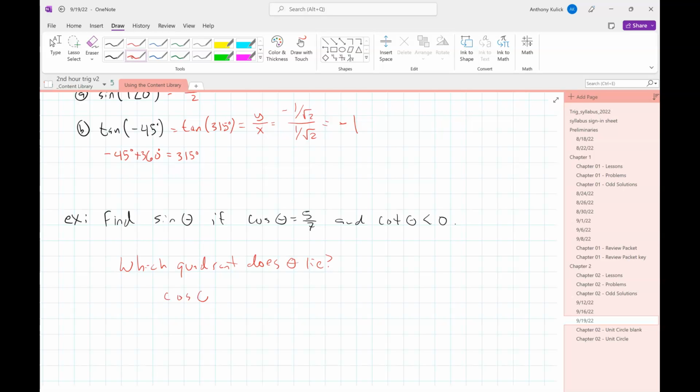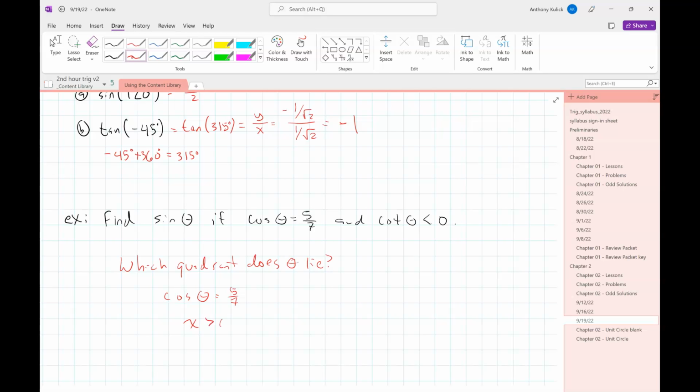So I know that cosine is equal to 5 over 7. Let's use the unit circle definition. Cosine is the same as x.